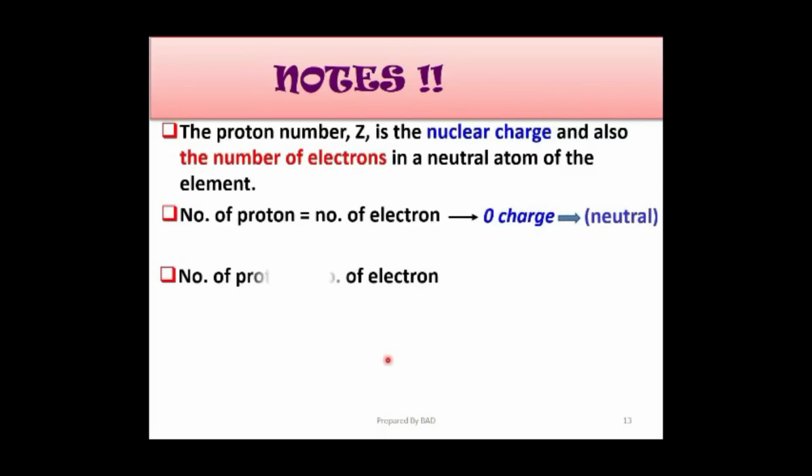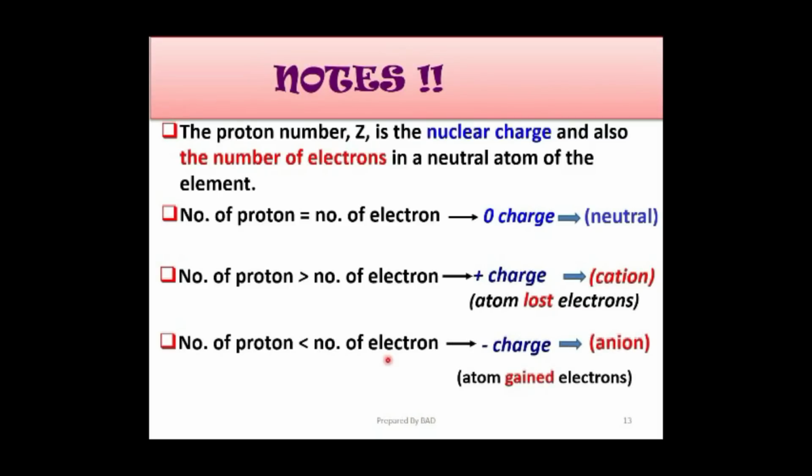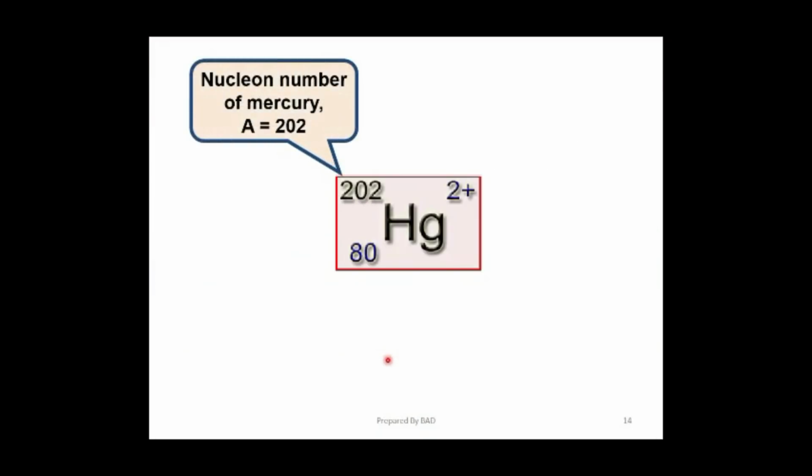If the number of protons and number of electrons are different, it will become an ion, either cation or anion. So always remember.